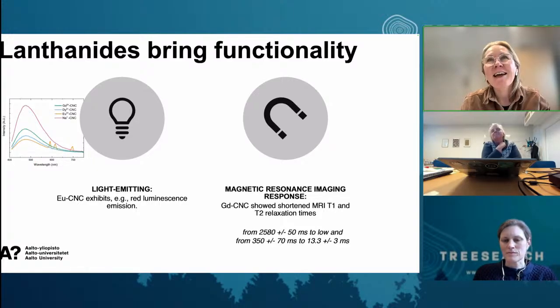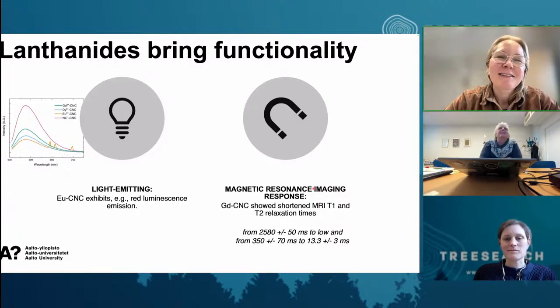And with the MRI, I mean, it provides a contrast in the MRI, right? But I'm not sure if you would like to have a cellulose nanocrystal as a contrast agent, right? No. It would require quite a lot of other types of studies, yes, to secure its use.